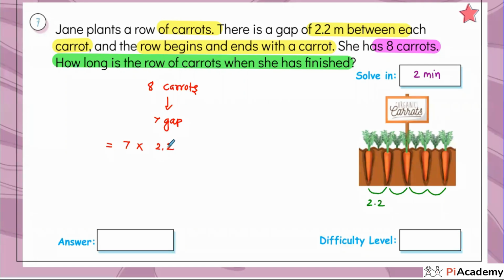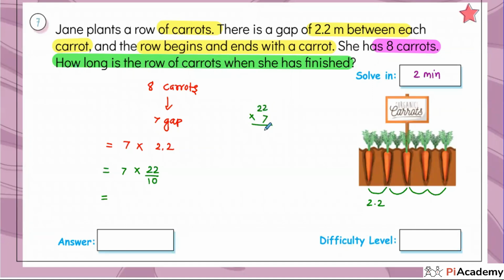And this is what we want, okay? But this is decimal multiplication. If you struggle with decimal multiplication, you can always convert this decimal into a fraction like this, 22/10, right? 2.2 we can write like this. Now you can multiply 22 times 7.